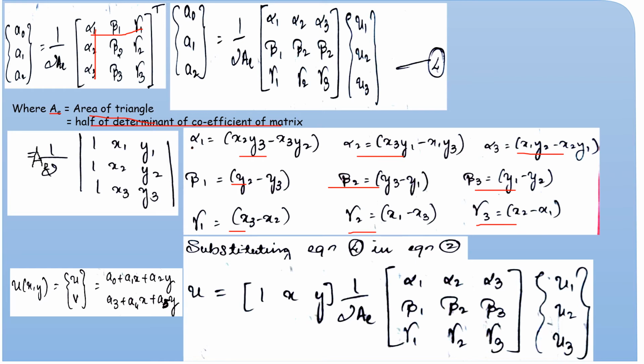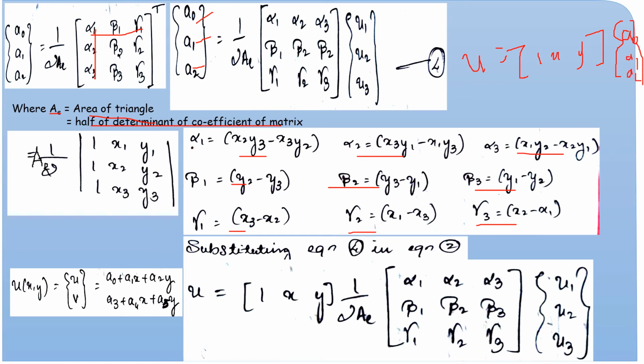Now as we have done in the derivation for the 1D simplex element, once we find the generalized coordinates, that is a0, a1 and a2, you have to substitute them back in the previous equation, u equal to 1 x y, equation number 2, and here a0, a1 and a2.